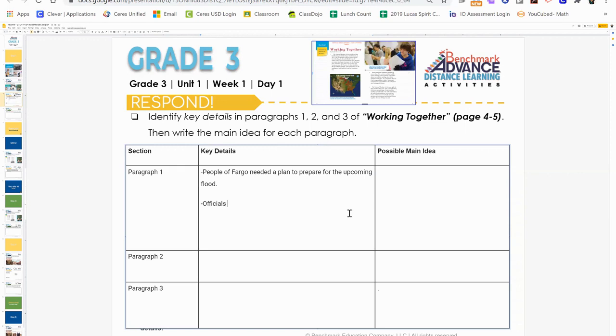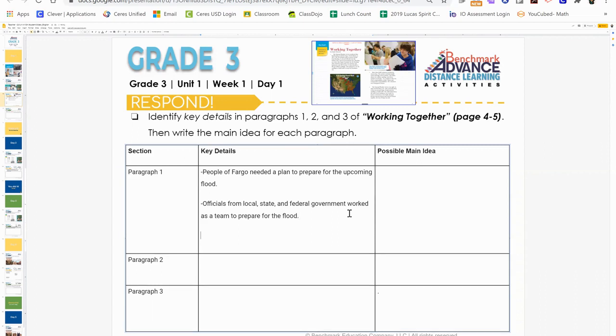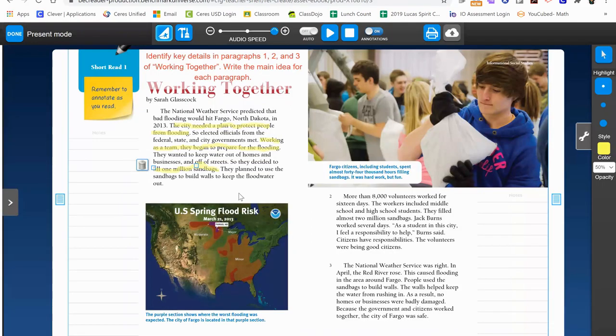So officials from local, state, and federal government worked as a team, right? Worked as a team to prepare for the flood. And lastly, the last thing that I underlined was that, okay, they decided to fill 1 million sandbags.